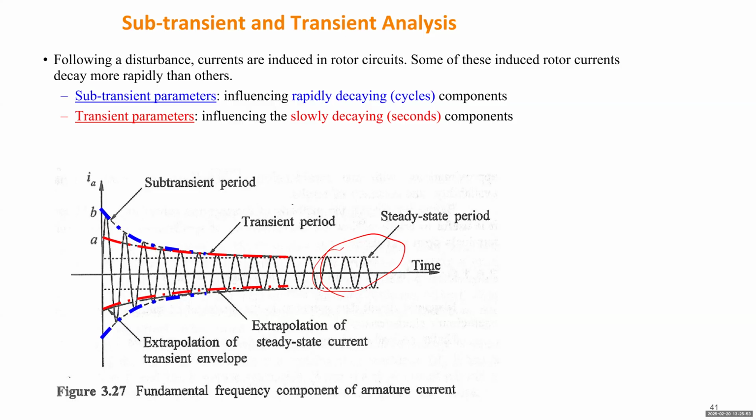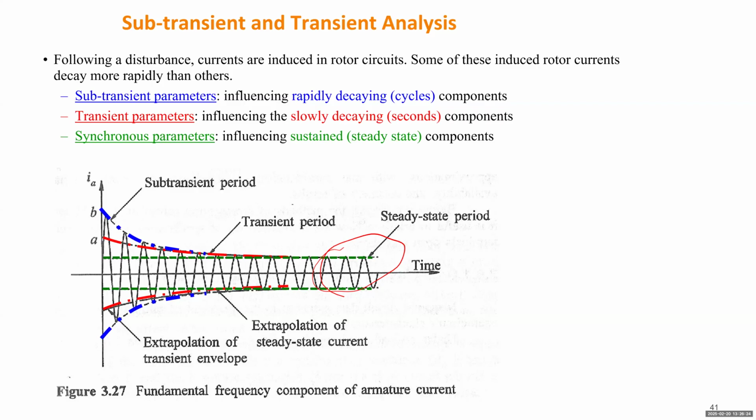So sub-transient dynamics usually finish within 0.1 second, and transient dynamics finish within maybe, let's say, 10 seconds, depending on the system. And finally, when the waveform becomes equal magnitude, if you take that value, you can calculate the current and voltage phasor values. So that will be the steady state value.